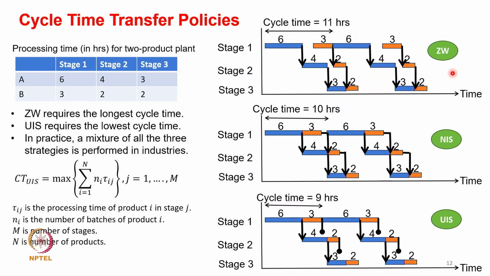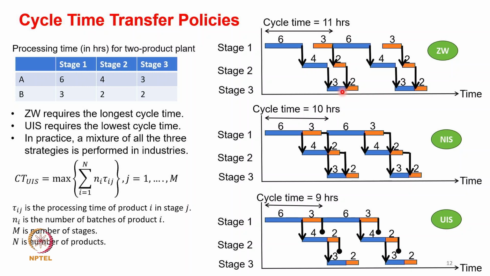Okay. So, let's start with product A, which is represented by blue. Stage 1 takes 6 hours, stage 2 takes 4 hours, and stage 3 takes 2 hours. Now stage 1 of B only takes 3 hours, so you can start after that.